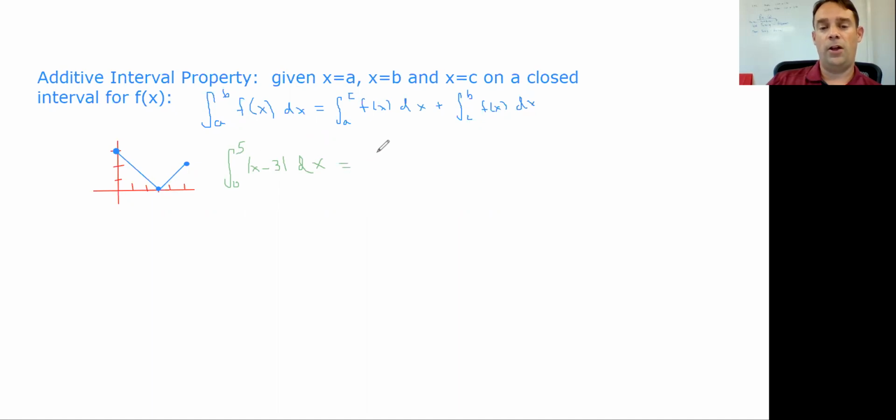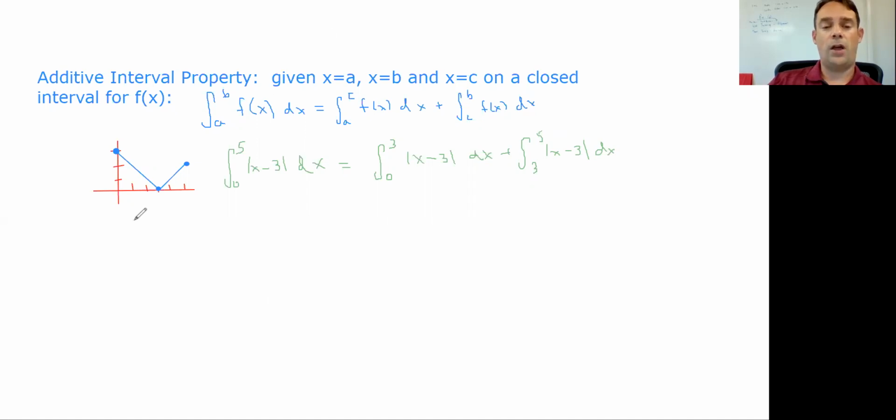Sometimes it helps so we don't get confused. We can break it up as a first triangle and as a second triangle, because the result will give us what both triangles would be together.